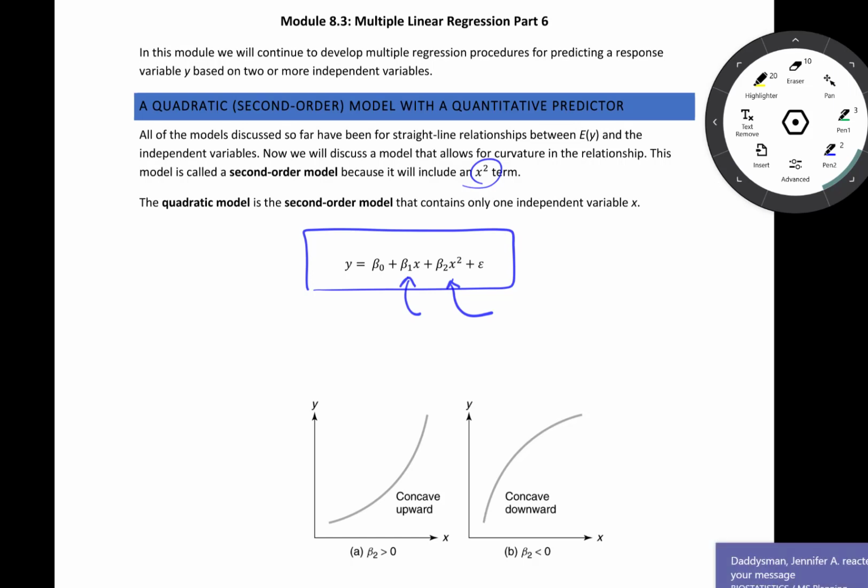Now if you remember when we talked about interactions, one of the things that we talked about was if the interaction term is included in the model, we also include the lower order terms. Well, the same thing is true when we look at the quadratic term. If the quadratic term is in the model, we're going to maintain the lower order term as well.